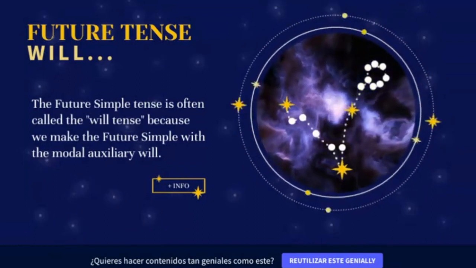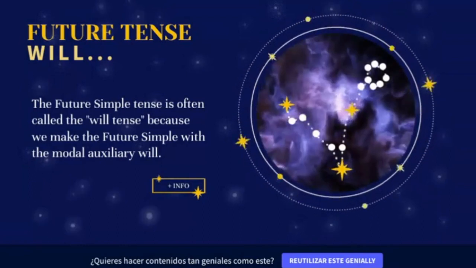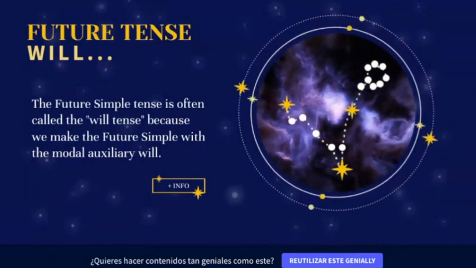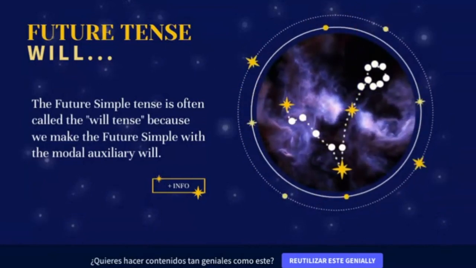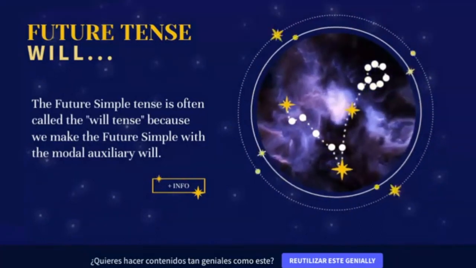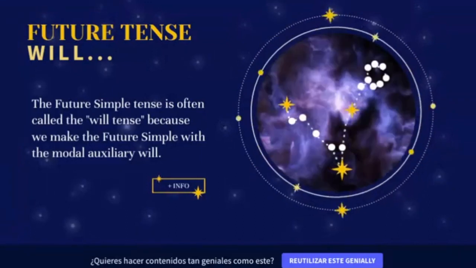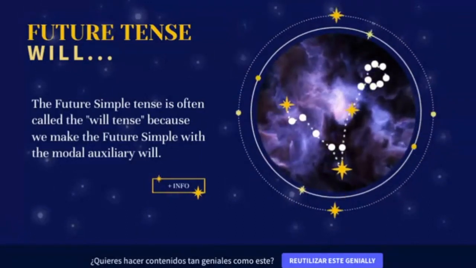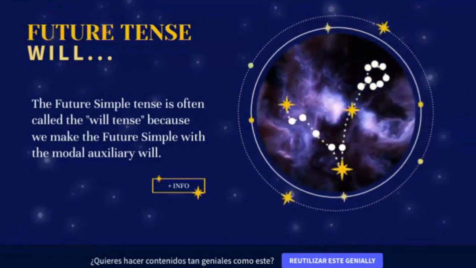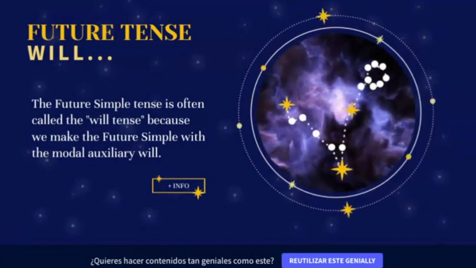Si tuviésemos una WH question, esta iría antes de will. ¿Ok? Por ejemplo, what will you do tomorrow? What, WH question, will es el auxiliar, you es el sujeto, do es el verbo principal, tomorrow es el complemento. Pero si no tenemos una WH question, vamos a utilizar la estructura así, will más sujeto, más verbo principal, más complemento. ¿Ok? Gracias.